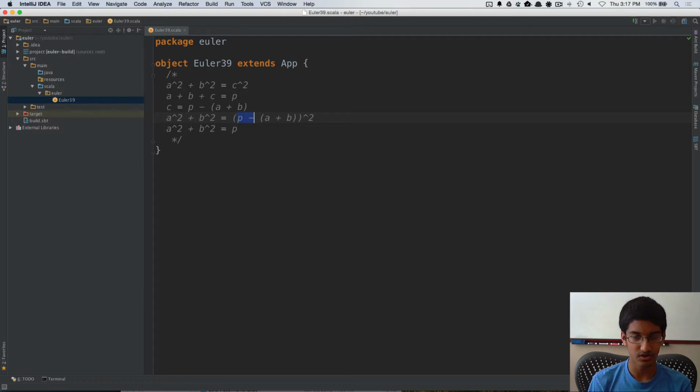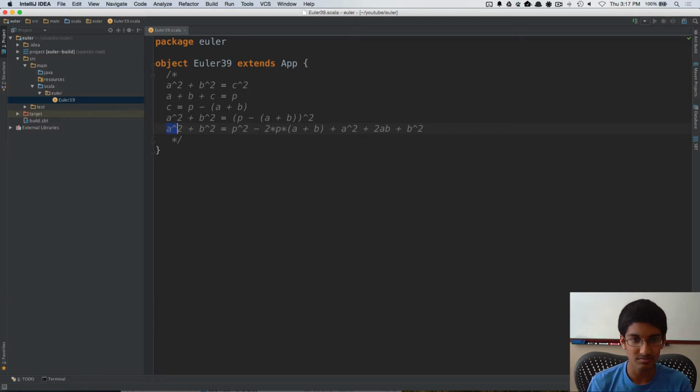If this is our first term and this is our second term, we can just expand this. So we get p squared minus 2 times p times (a plus b), plus, and now we get (a plus b) squared, which is a squared plus 2ab plus b squared.